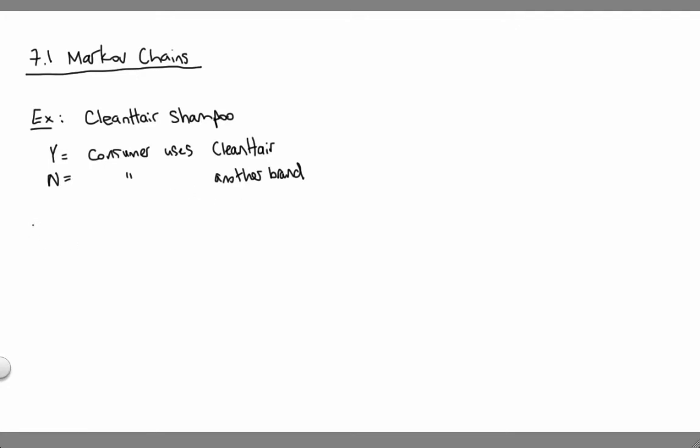So let's look at what's called a transition diagram. We're going to draw a picture here representing how consumers move between being one of our customers versus not being our customer, and vice versa. So let's think of Y and N as being our two states.